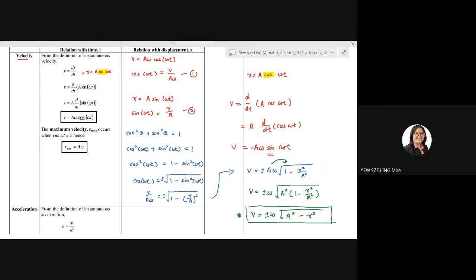So relationship between v and x, you start from the equation for v and then you do the equation for x.